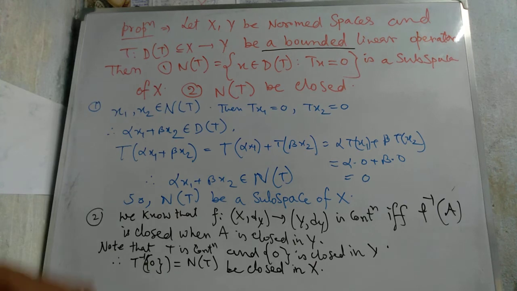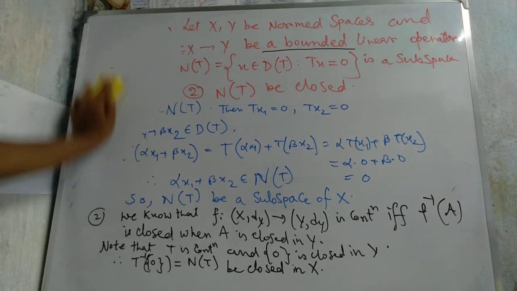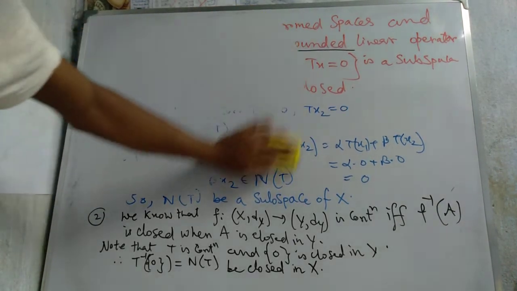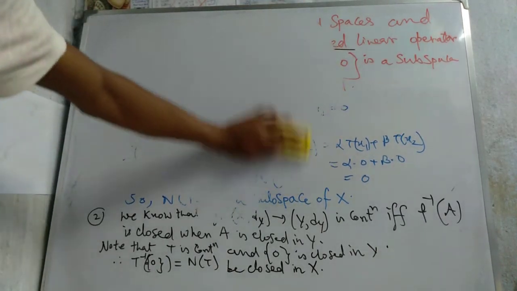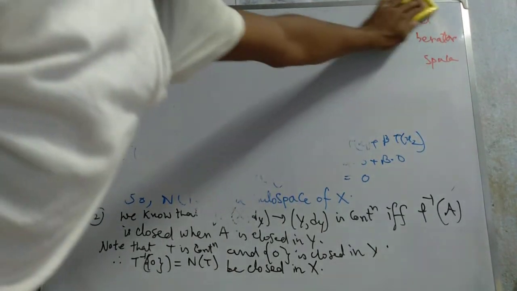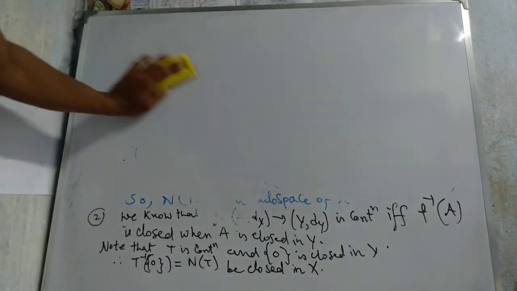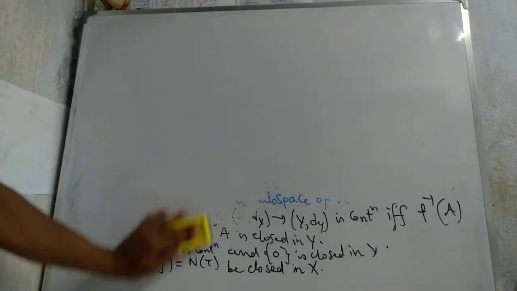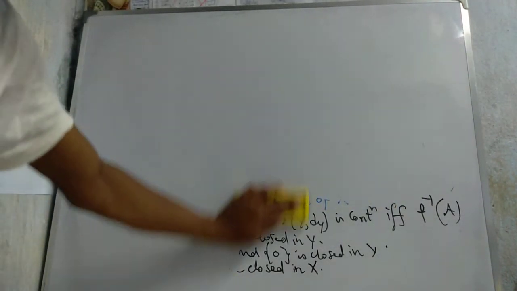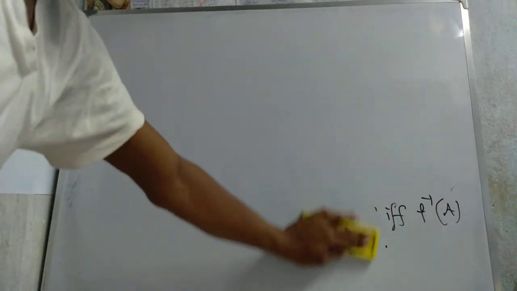This example shows that if T is linear but not bounded, then T is not closed. We write first this example.